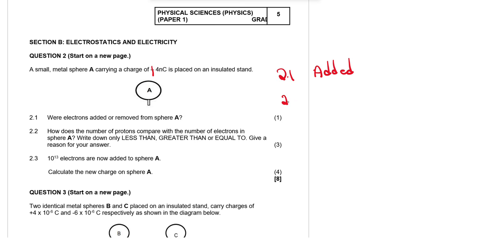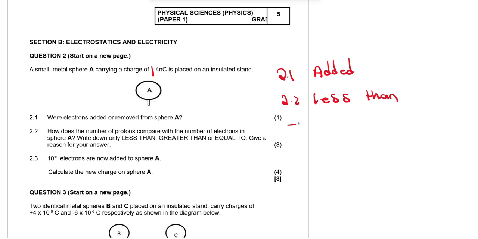And then 2.2. How does the number of protons compare with the number of electrons in sphere A? Write down only less than, greater than, or equal to, and give a reason for your answer. So my answer is less than. Okay, less than.